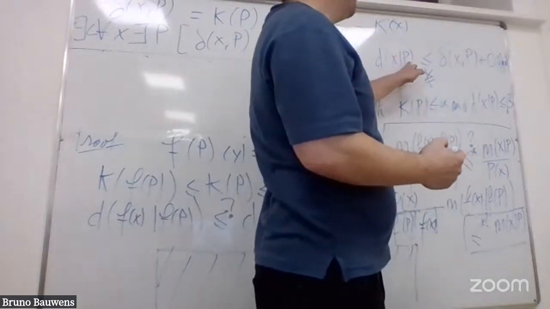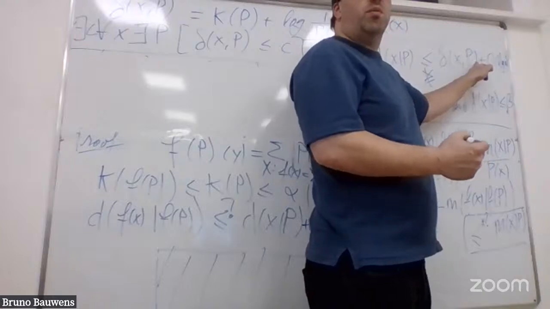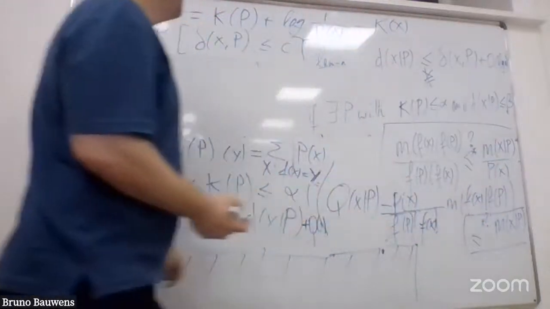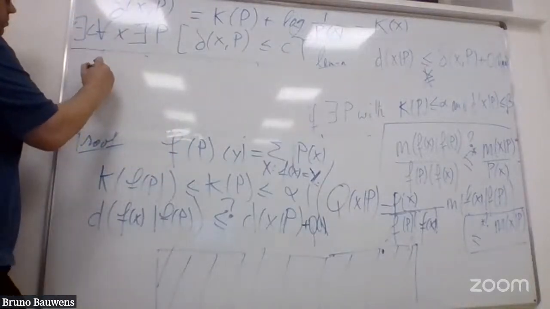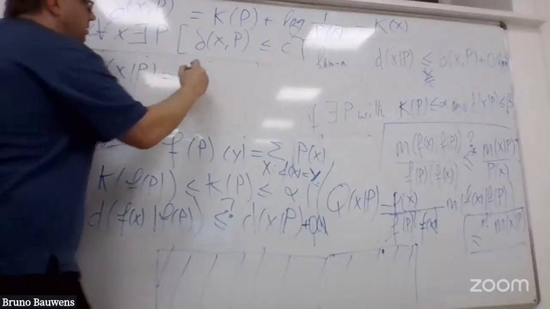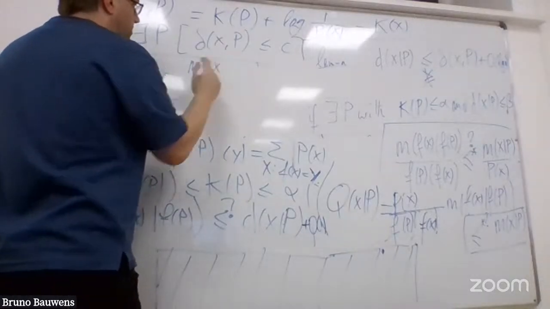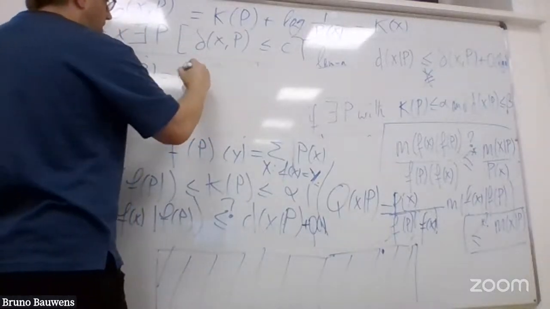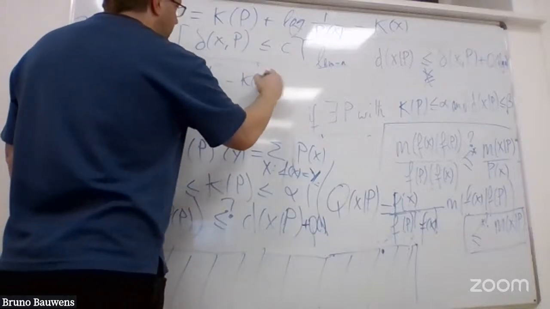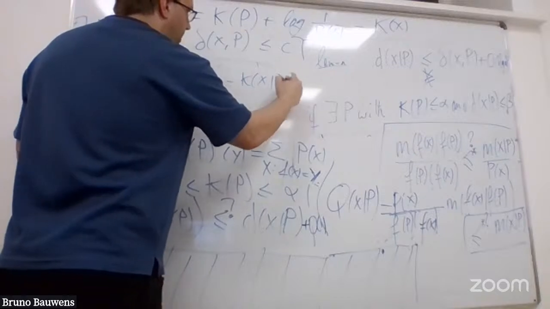However, we can make a transformation on the model for which it becomes true. We can get rid of some information. In randomness deficiency, d(x given P) equals log 1 over P(x) minus K(x given P).